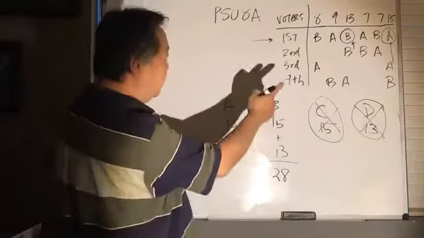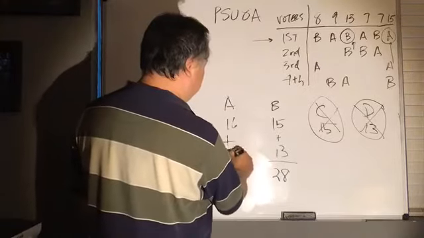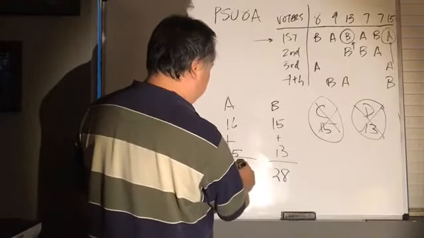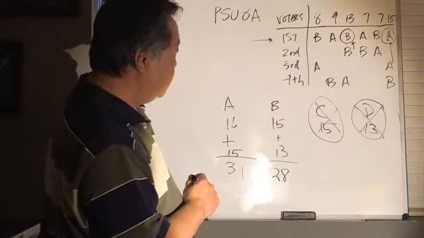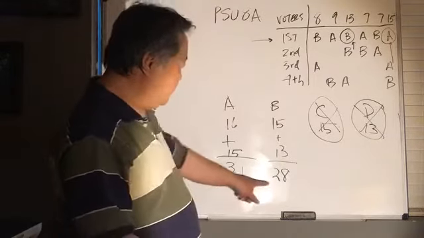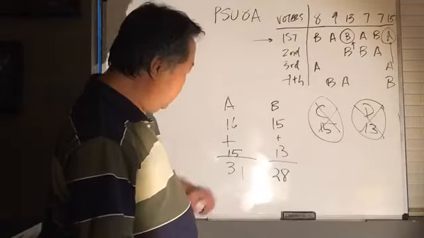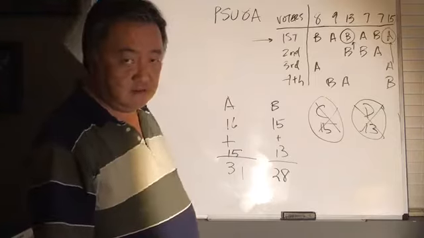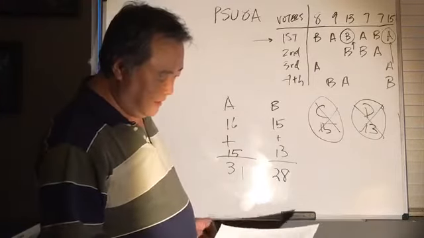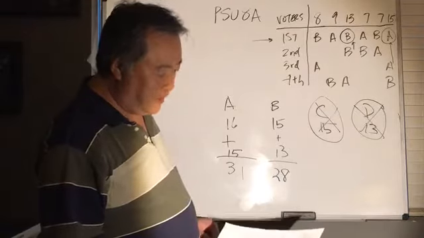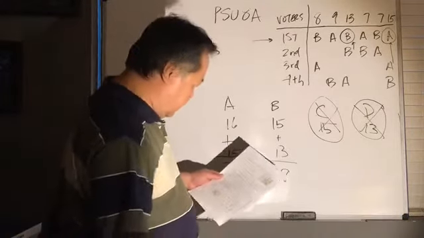Okay, so A now gets 15 more votes. Alright, so 31 versus 28, and I believe 31 would capture over 50%. Okay, so the final result of this instant runoff voting method would be A. Okay.